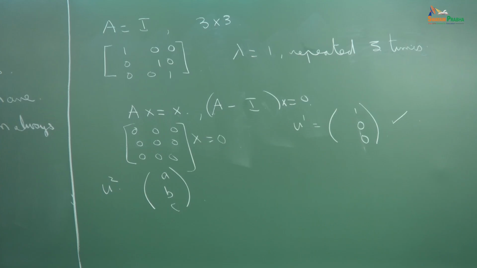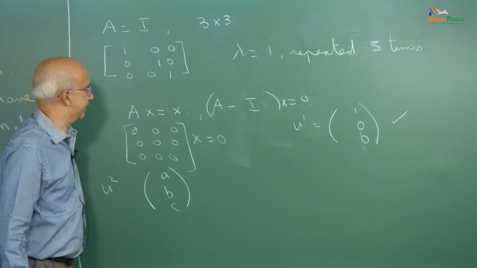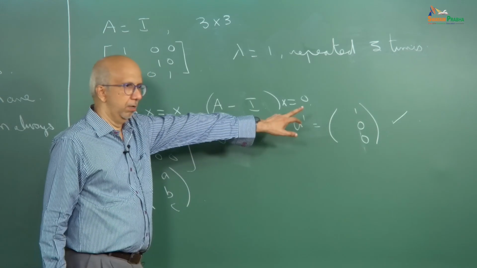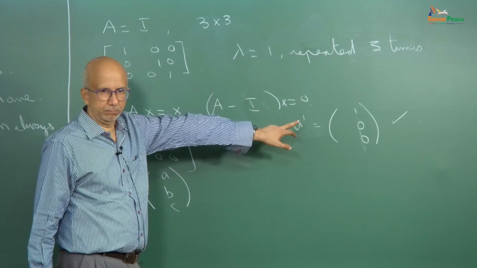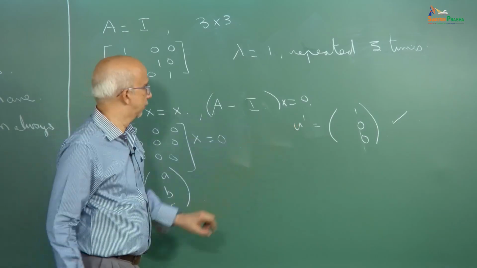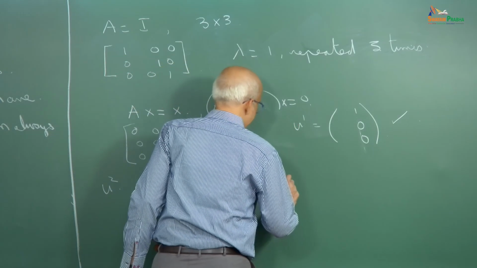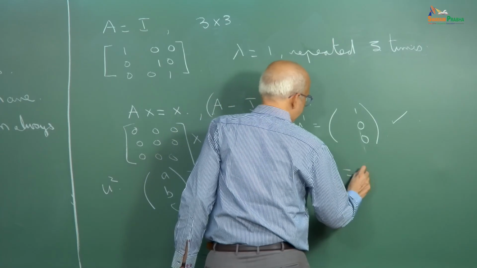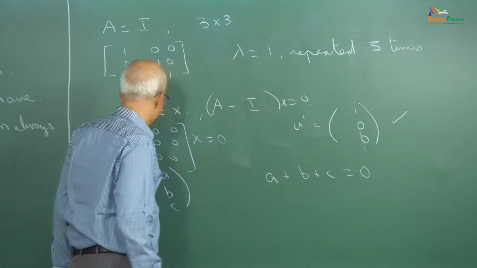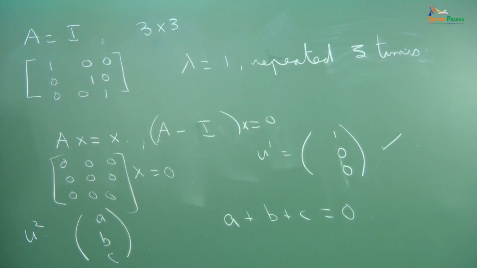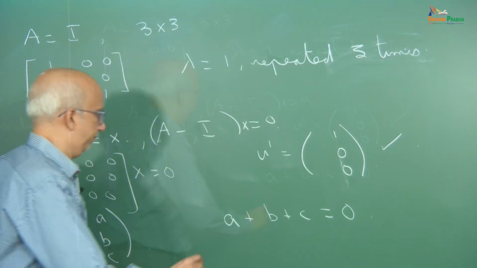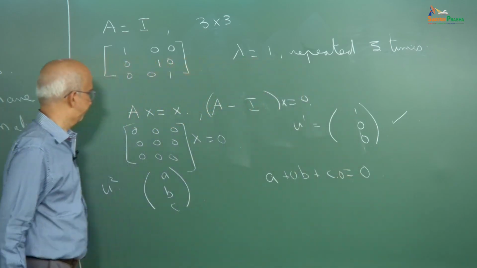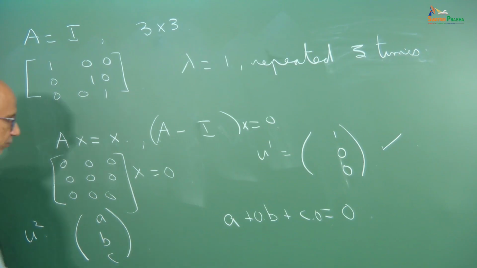I am going to choose this eigenvector so that it is perpendicular to the first one. So I have A plus B plus C equal to 0, right? B multiplied by 0, C multiplied by 0, A multiplied by 1.